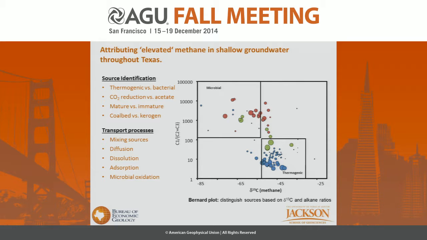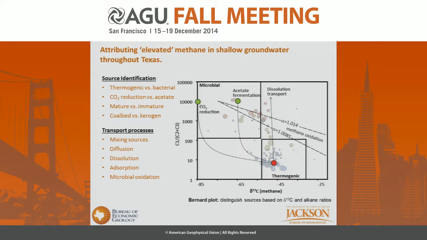This is a compilation of all the data we've collected throughout Texas. The blue are data from the Barnett Shale, the red are from the Eagle Ford, and the green are from the Haynesville. Largely, most of the data plot either within thermogenic or within microbial, but there are these regions outside where some of the data plots. And that's the focus of this talk: how do you get to those regions out there?